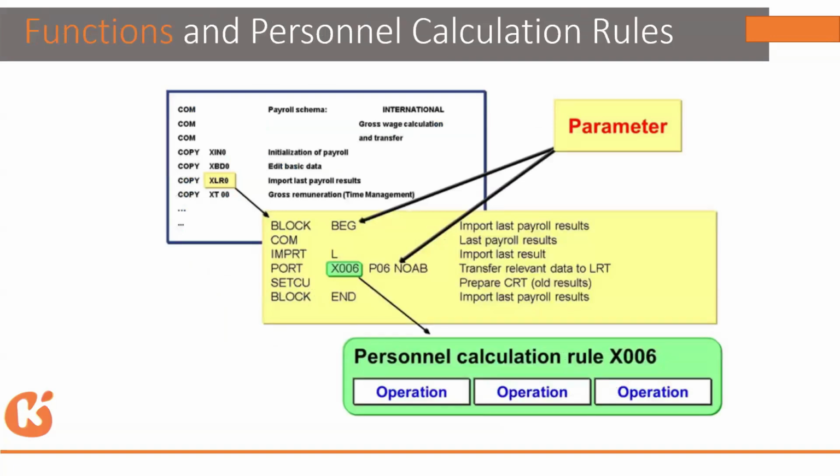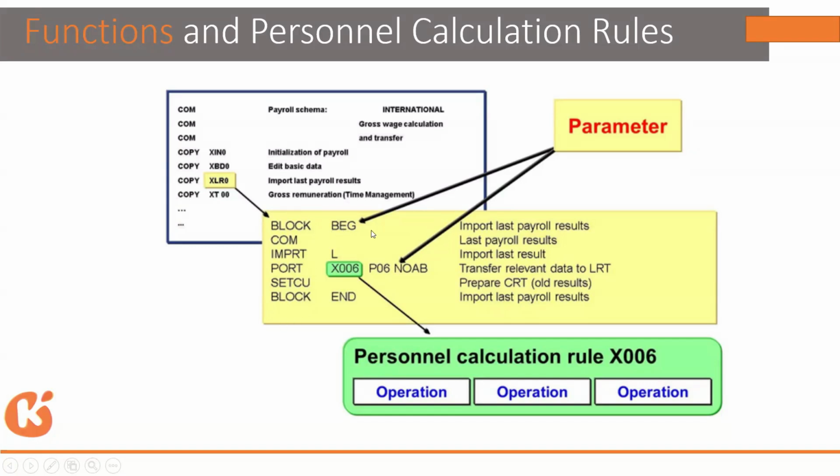Now here you can see all these details. Again you can see your function and PCI calculation. You can see this copy is coming, and with this copy it is a subschema. If you open this subschema, it shows an import of the last payroll result. Each subschema, as I told you, will always start with a block beginning and end with a block end.